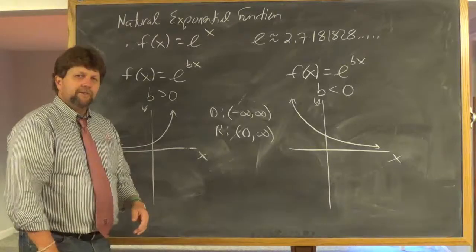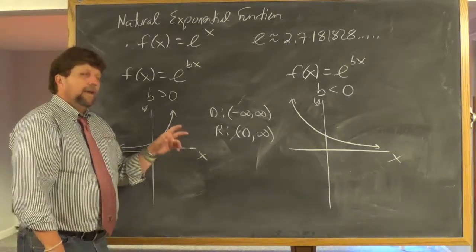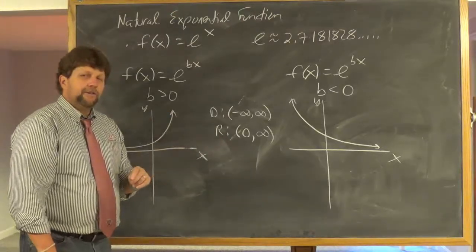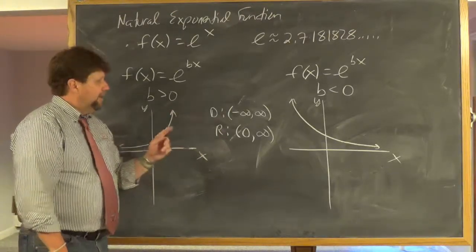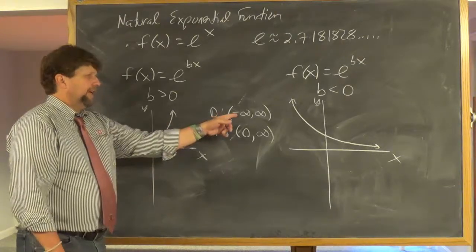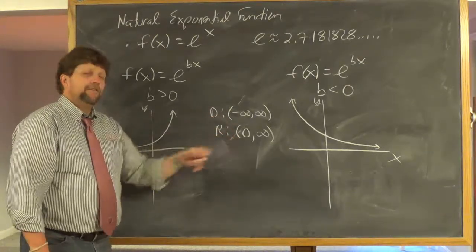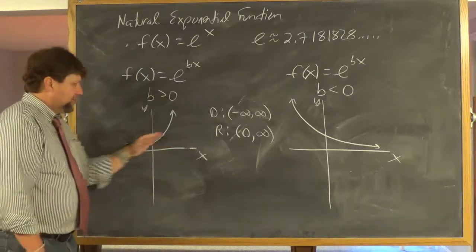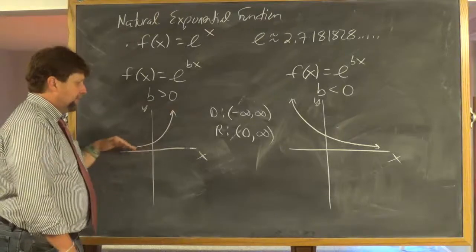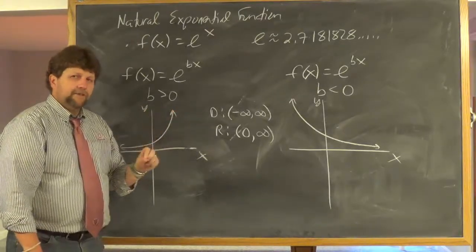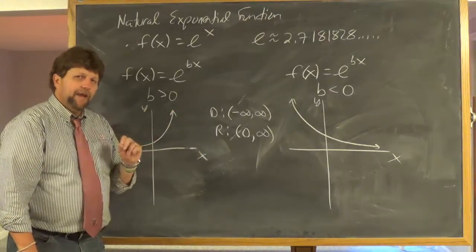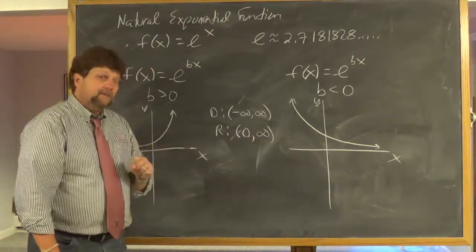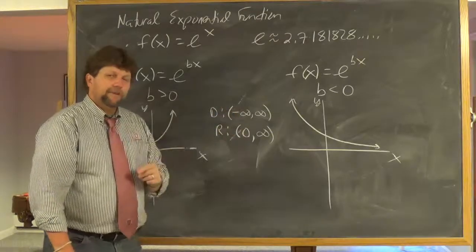Hey, so let me foreshadow something real quick. Since they are one-to-one functions, and they do have inverse functions, knowing the domain of this function is negative infinity to infinity, and knowing the range is 0 to infinity, we know that whatever the inverse function is for this exponential function, it must have a domain of 0 to infinity, and it must have a range of negative infinity to infinity.